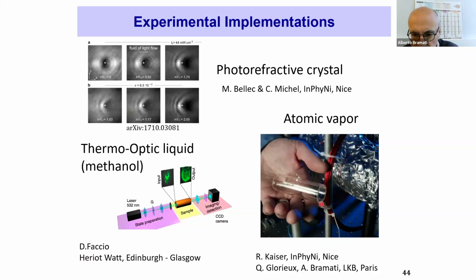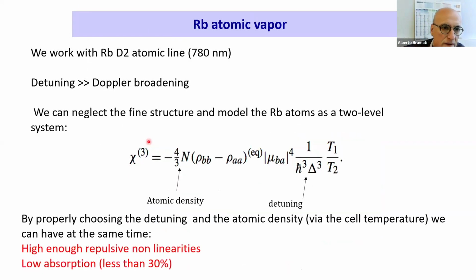So we have a cell with, in particular, rubidium vapor. We work with the rubidium D2 atomic line at 780 nanometers. And we are in a situation in which the detuning with respect to the atomic resonance is very large with respect to the Doppler broadening. So we can, in this case, neglect the fine structure of the atoms and model the rubidium atoms as a simple two-level system.